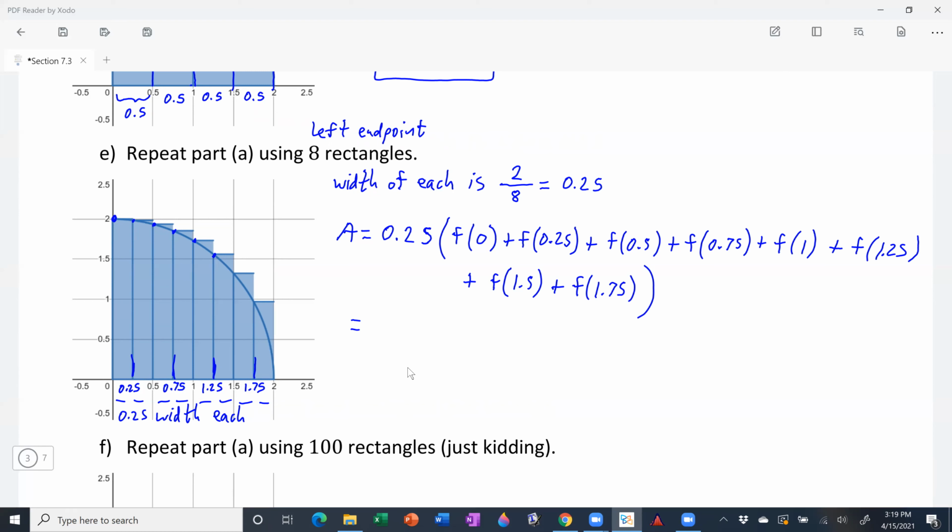Okay, all of that. And so I'm not going to write down the next set of all of those with the square roots involved. I'm just going to go ahead and type it into my calculator. So bear with me for just a second. 0.25 times, okay, so this is going to be square root of 4 minus 0 squared plus square root of 4 minus 0.25 squared plus square root of 4 minus 0.5 squared plus square root of 4 minus 0.75 squared plus square root of 4 minus 1 squared plus square root of 4 minus 1.25 squared plus square root 4 minus 1.5 squared plus square root 4 minus 1.75 squared.